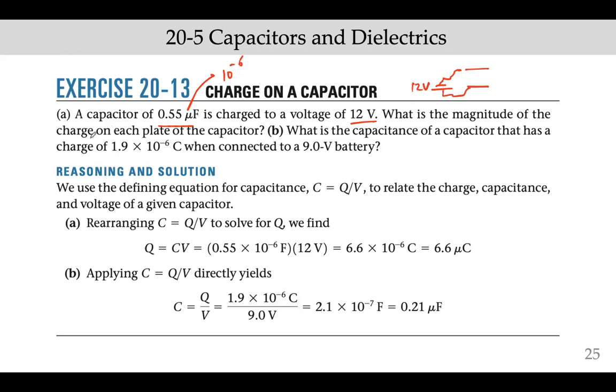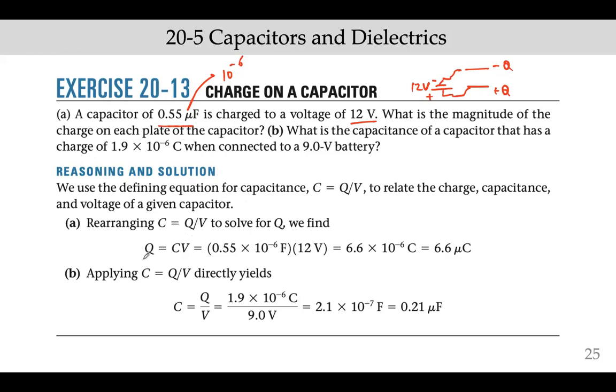What is the magnitude of the charge on each plate of the capacitor? Remember, in this case, let's say plus and minus. So we have plus Q here, negative Q here. So how do you find it?